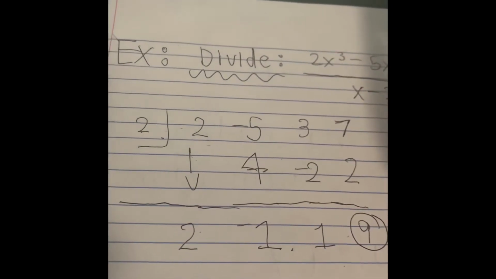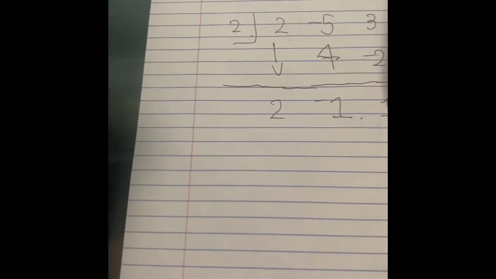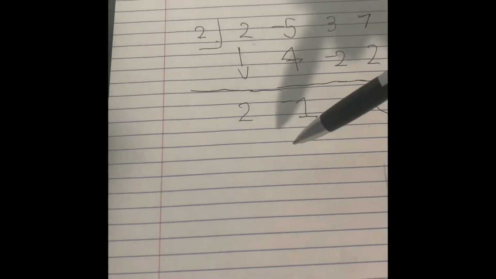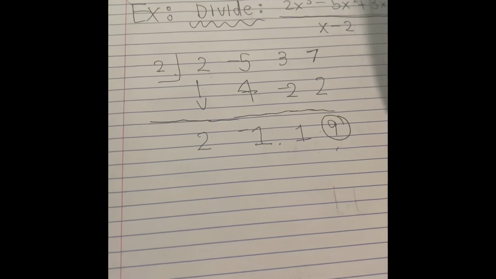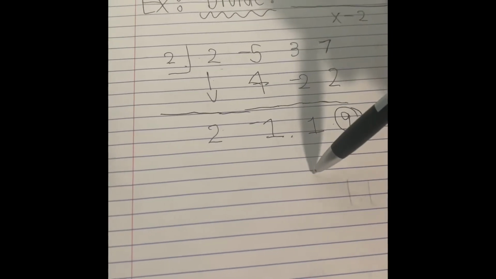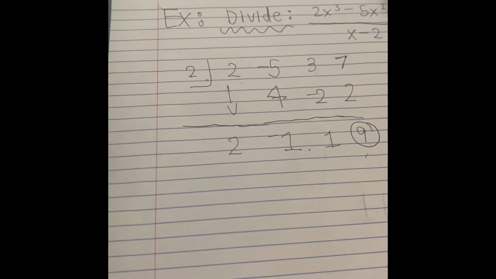Next, we're going to write the final answer. The final answer is made up of the numbers in the bottom row, with the last number being the remainder, and the remainder must be written as a fraction. The variables, or x's, start off 1 power less than the original and go down with each term.